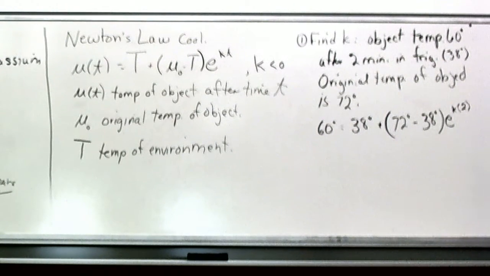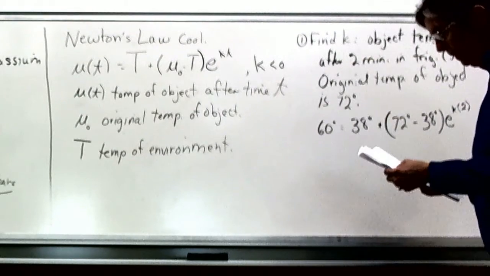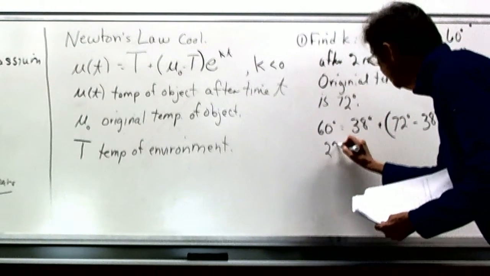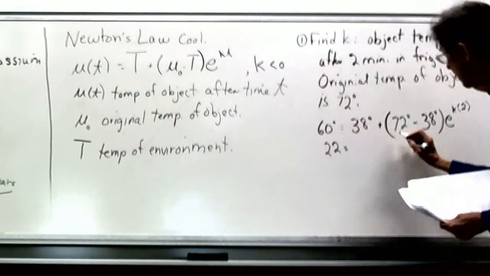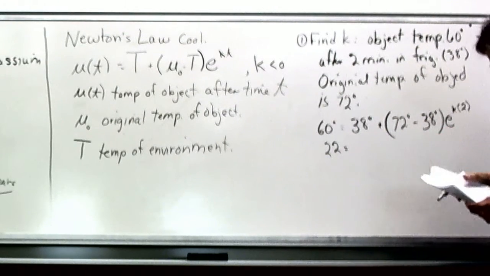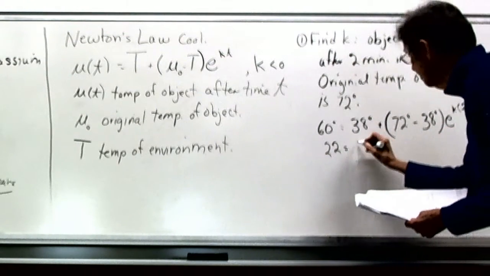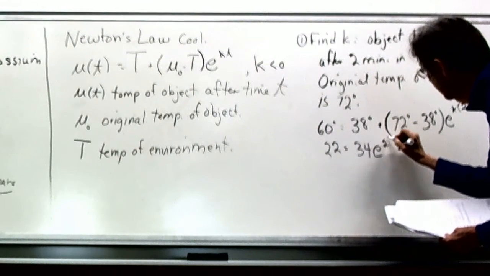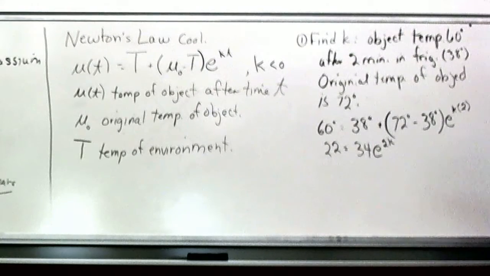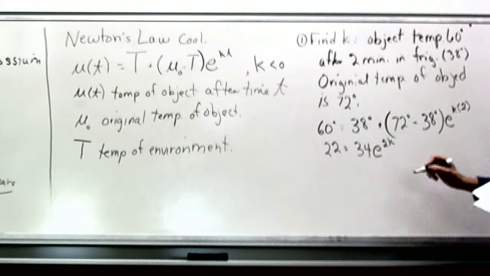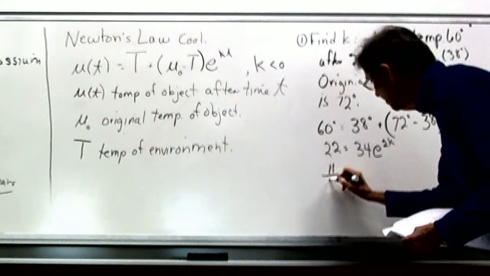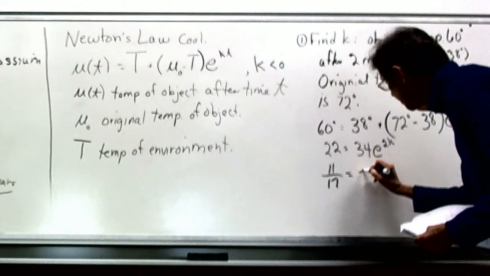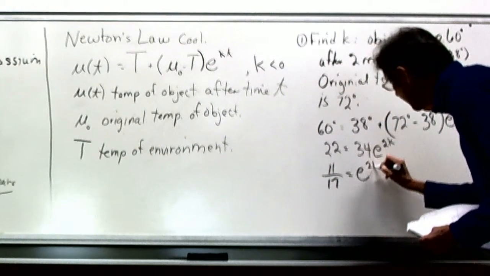So we just have to clean this up. I have subtracted the 38 from both sides, and we have 22 equal to 72 minus 38, which gives me 34, e to the 2k, and divide by 34, we'll have a fraction 11 over 17 equal to e to the 2k.